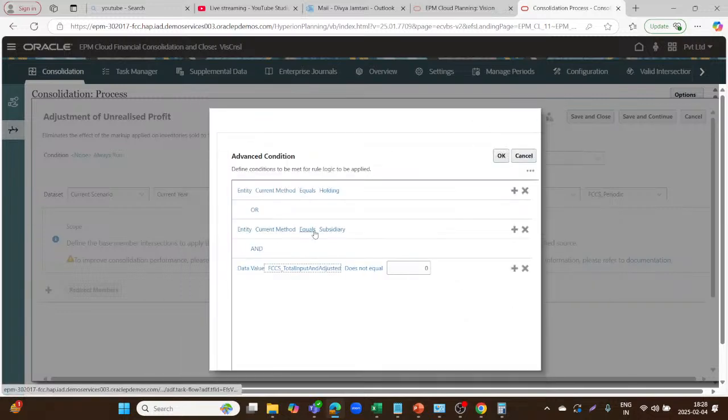Okay, you can see now if your entity current method is equal to holding, or if your entity current method is equal to subsidiary, and your data value, that is your total input and adjusted, should not be equal to 0. So this is the condition that we are applying to the logic.